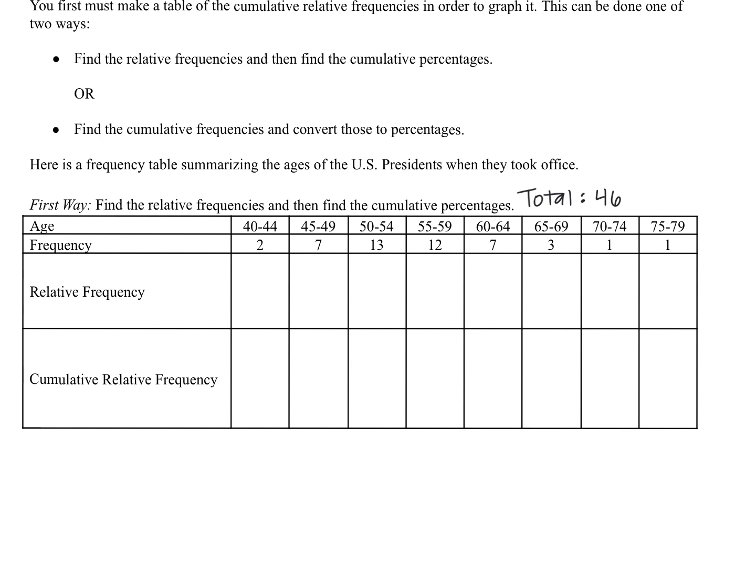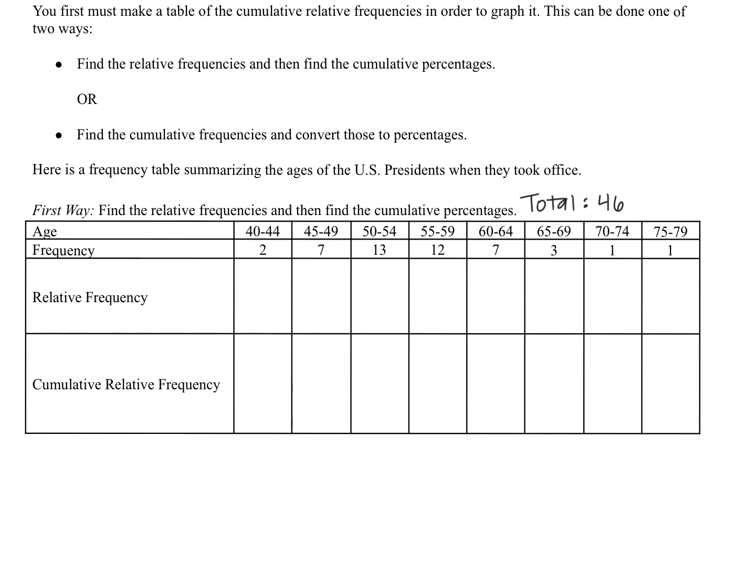So the first way, where you do relative frequencies, is you take the frequency, the number that falls within that range, and convert it to a percentage. So we have 2 over 46, 7 over 46, 13 over 46. All of these are going to be written as fractions.